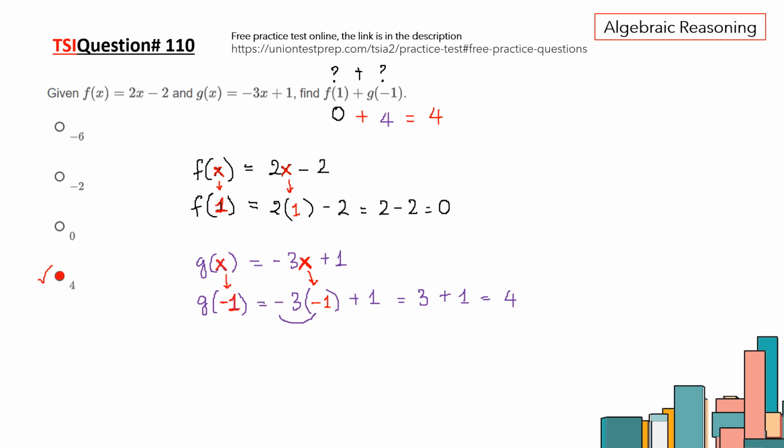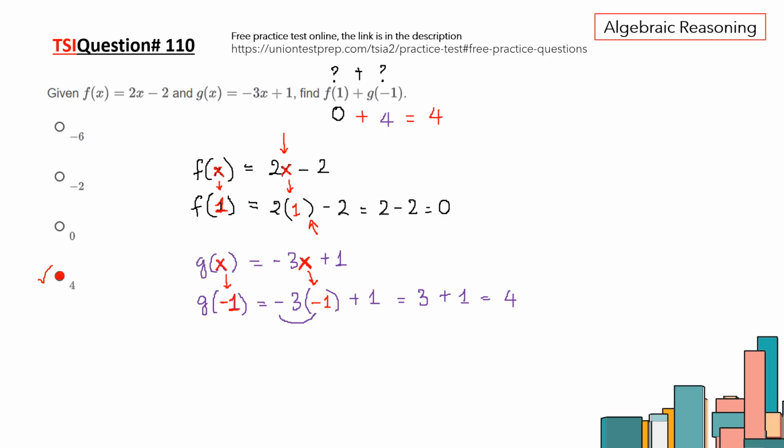One note here: when I see x, I always make the parentheses. It's because I don't know if the x value I plug in will be negative or positive. If it's positive, it's okay. But if it's negative, that will help you make sure your calculation is right.